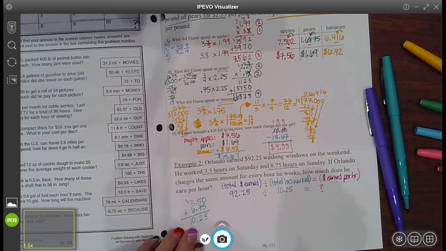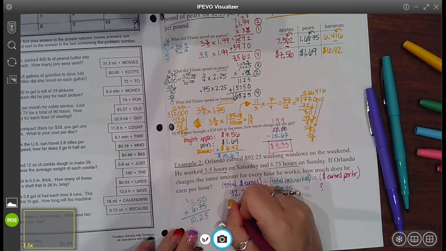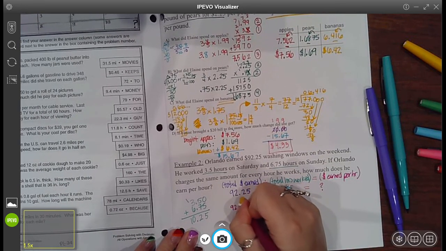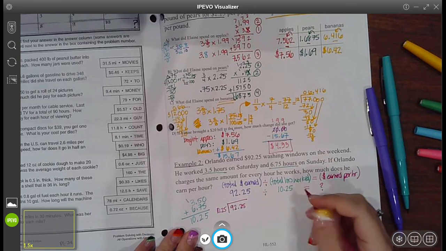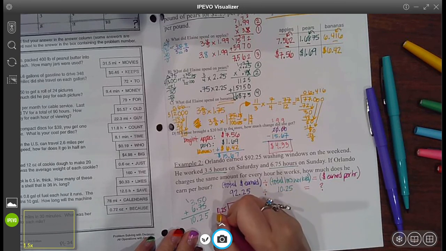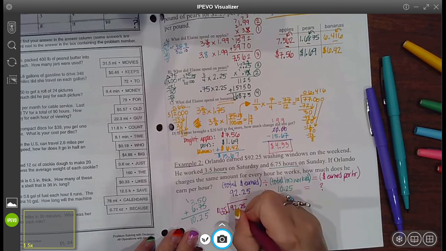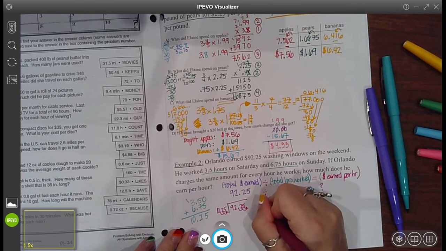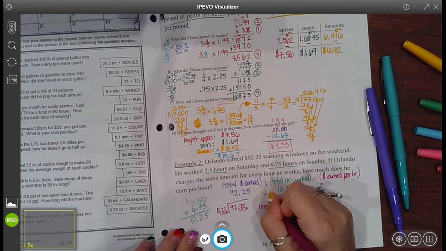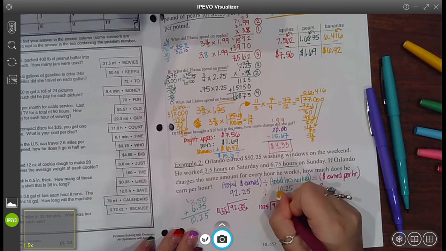Well, whatever comes first goes inside the house, and whatever comes second goes outside the house, right? This divided by that. You can't divide by a decimal, so move it over, which means you need to move it twice inside the house as well. So you have 1025 into 9225.